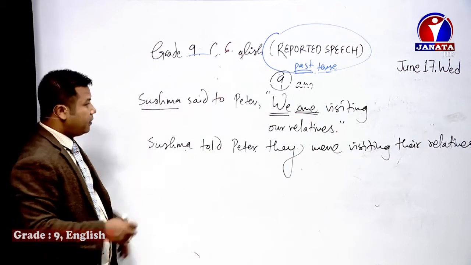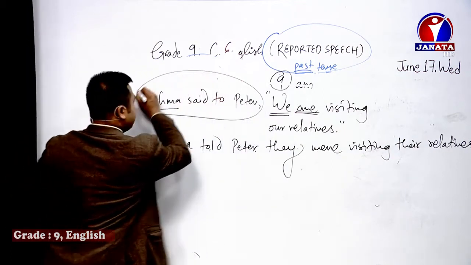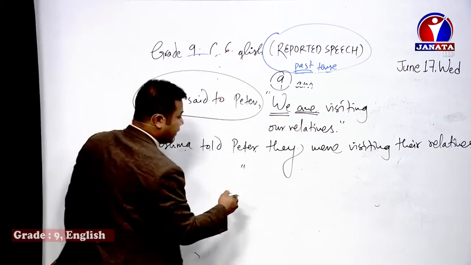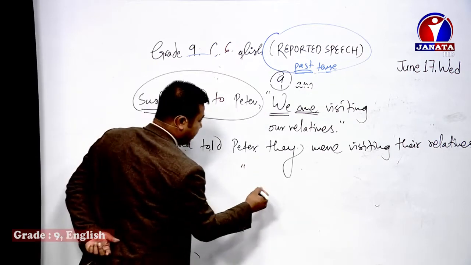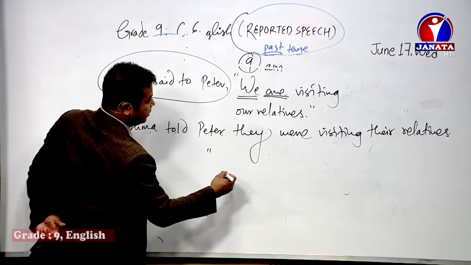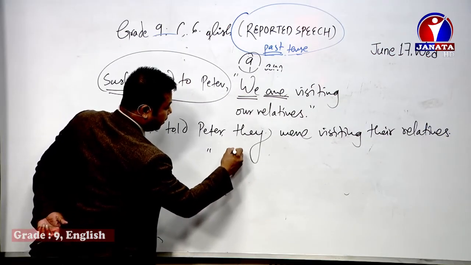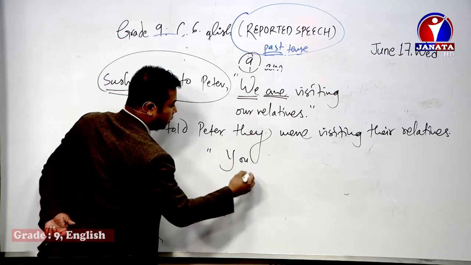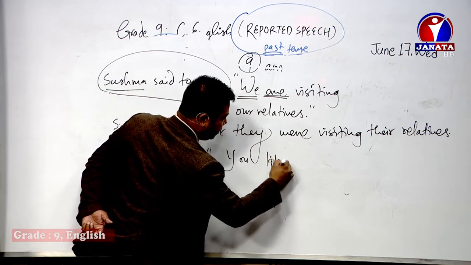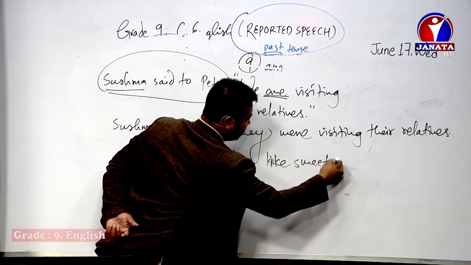Quite easy. With the same speaker and the object, one last sentence for today because time is running out. If I just give you this sentence, a question, let's go for any other tense. All right, the tense is: you liked sweets.